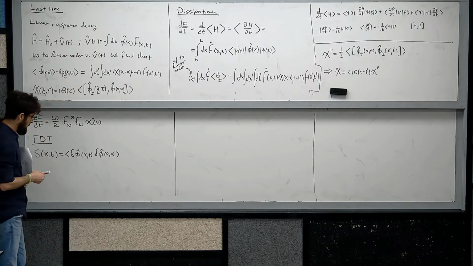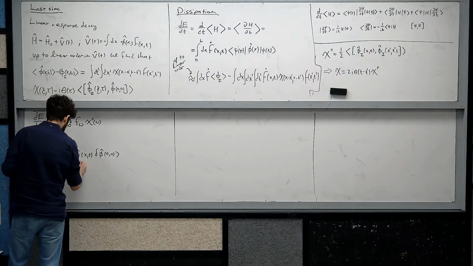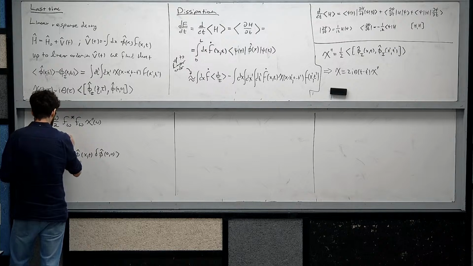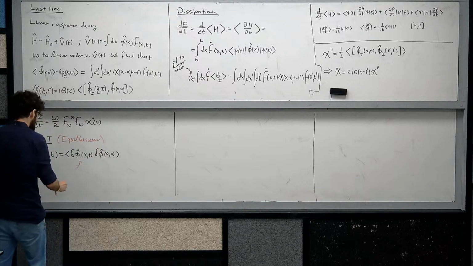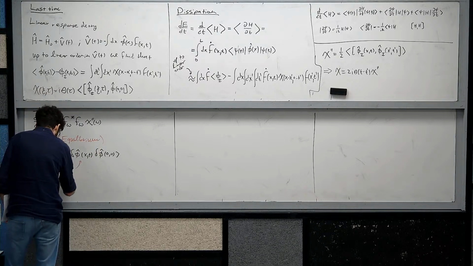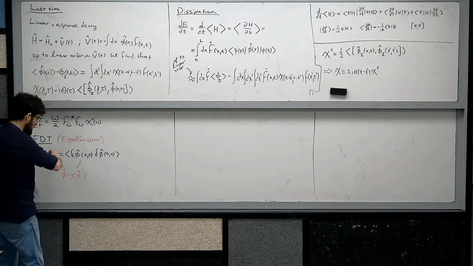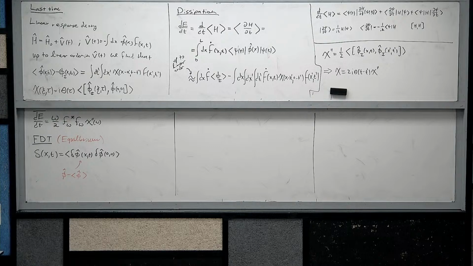It's not the same thing. This is equilibrium. So this phi is just phi minus its average. So there is no interaction picture and no funny business. There is no V, none of that. It's just the good old fluctuations that you know and love.